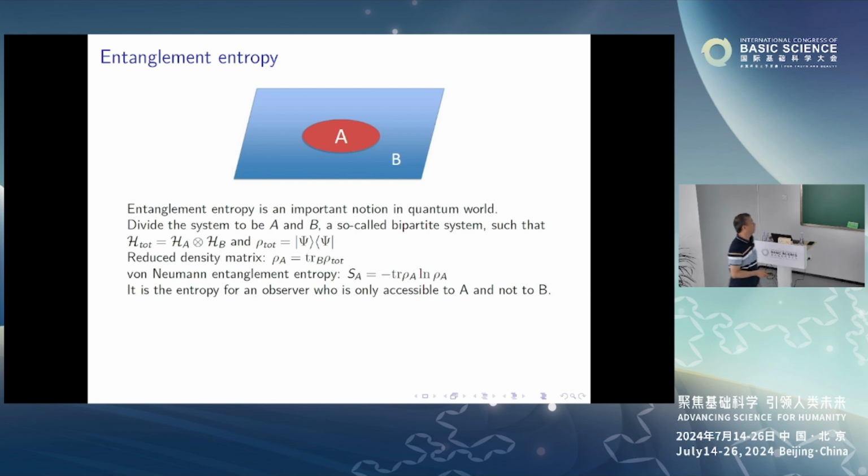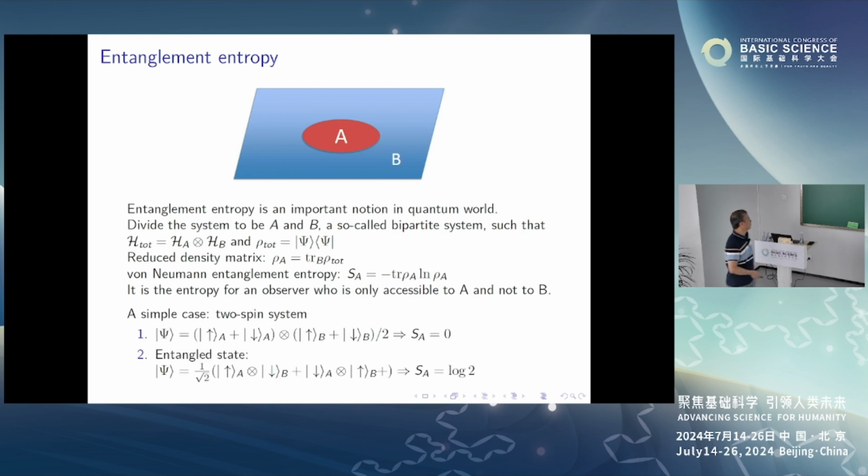Physically, we can understand this entanglement entropy as the entropy of an observer who can only access A, but not B. One can also understand entanglement entropy as some kind of quantum correlation between A and B. Let me give a simple example, the simplest case, a two-spin system.